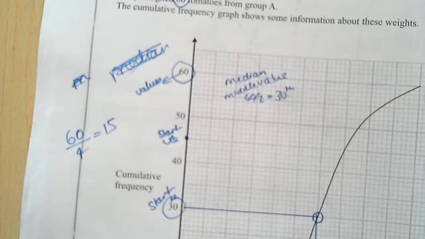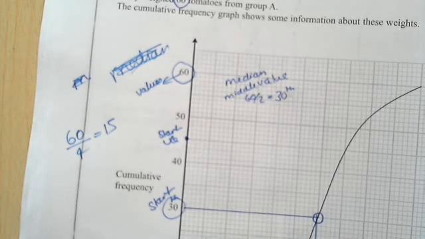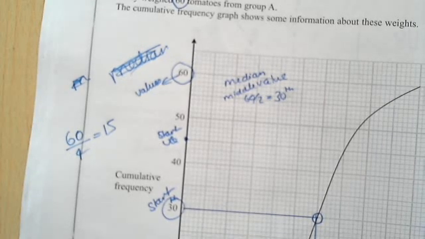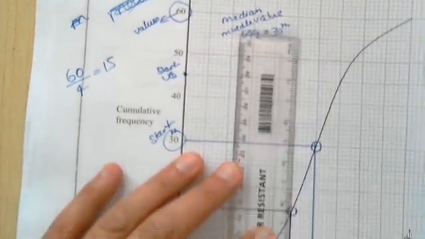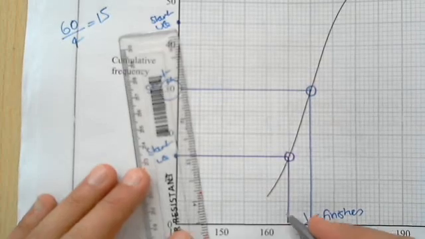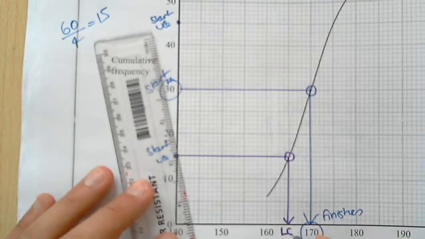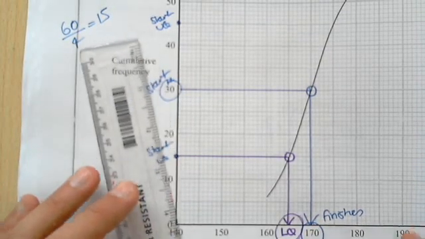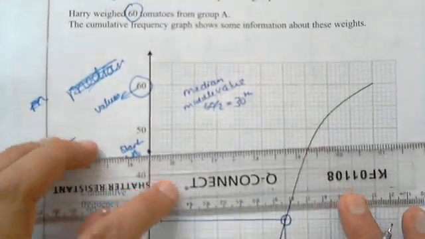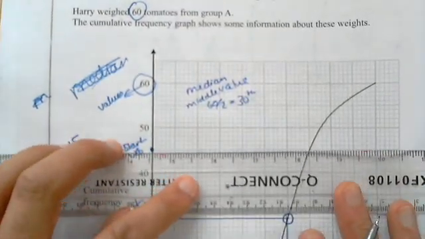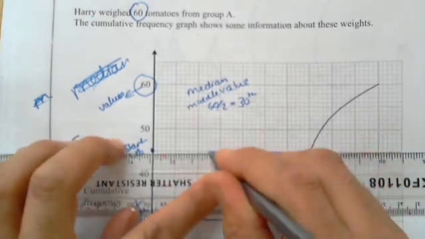So the lower quartile, this is the lower quartile value here. So then we go to the upper quartile start point. We go across.